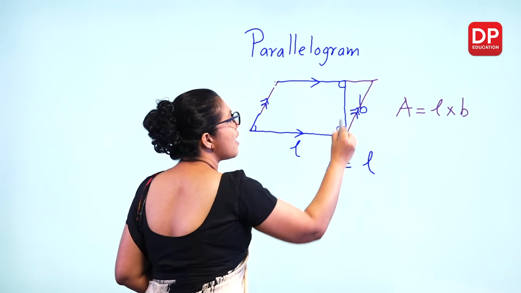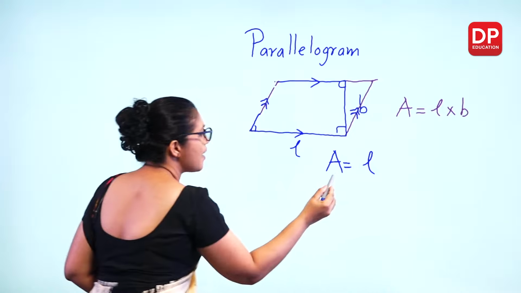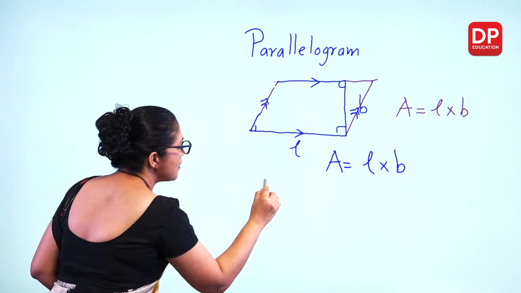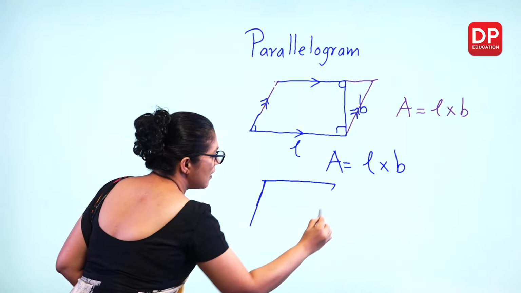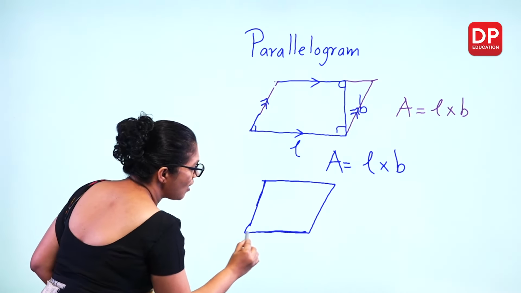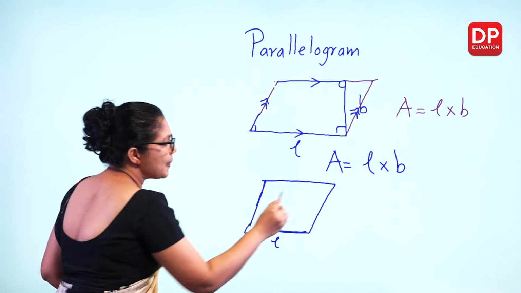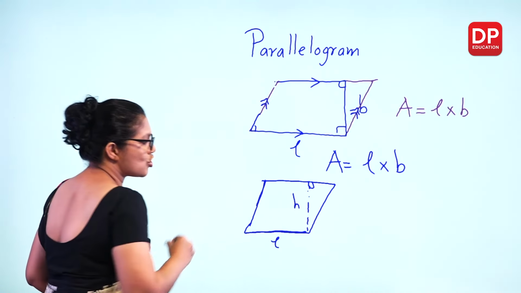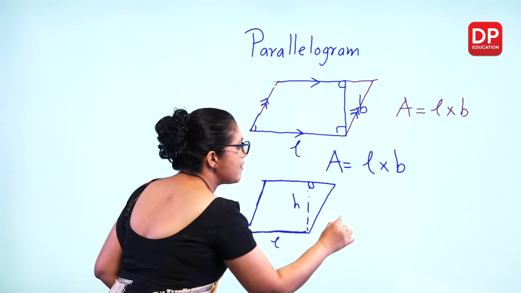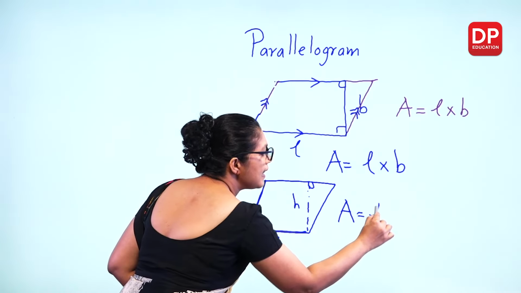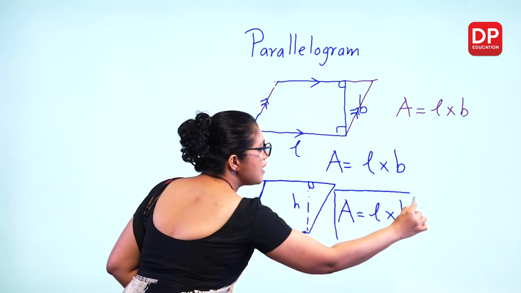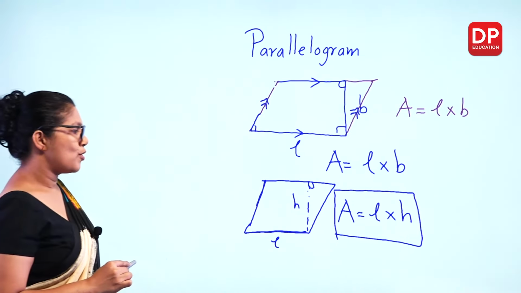If this part is H, I'll write it down here. If the length of the parallelogram is L and the perpendicular height of the parallelogram is H, what's the area of the parallelogram? L times H.